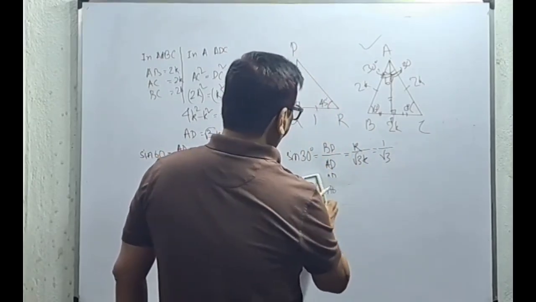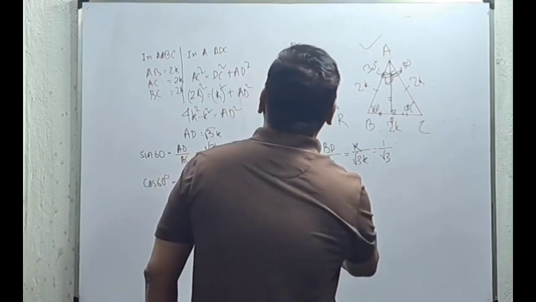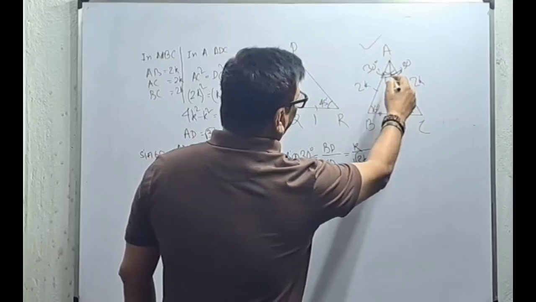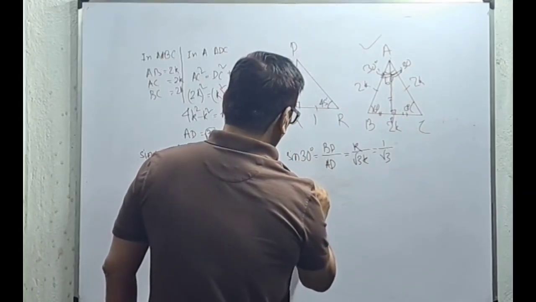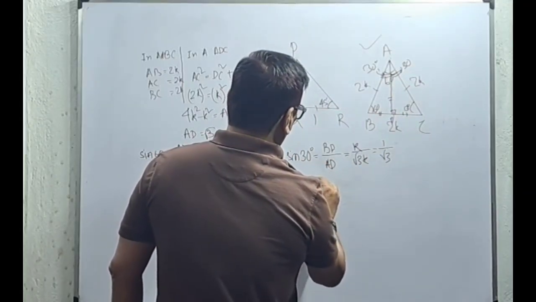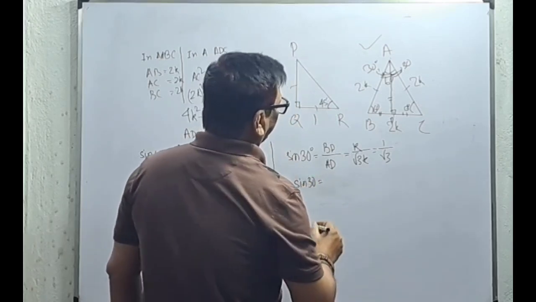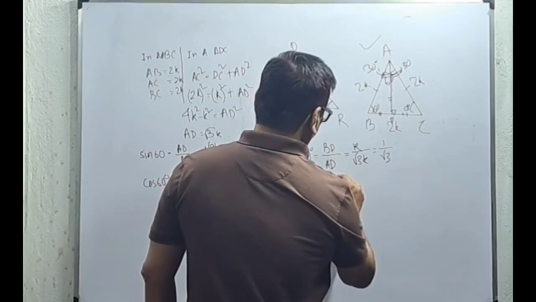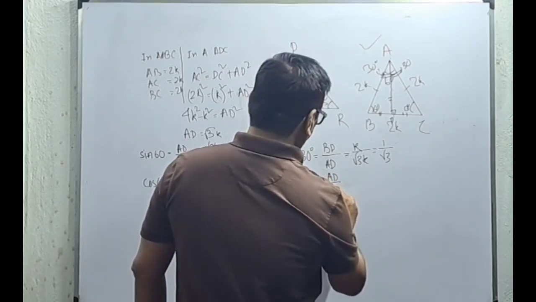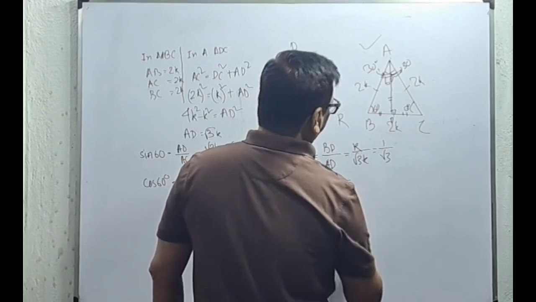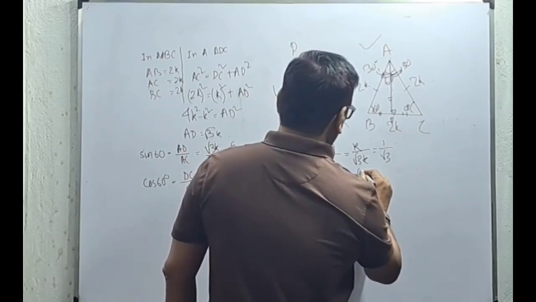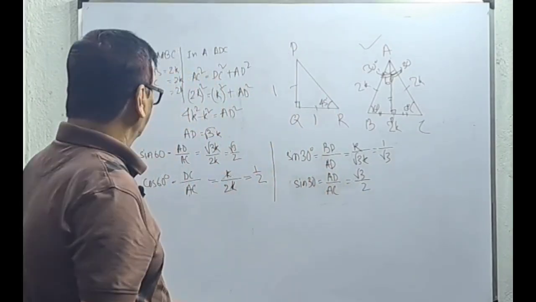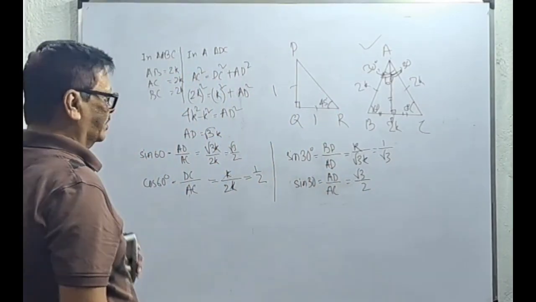We can keep the same angle, same triangle, right? With triangle ADC, right? So we have cos 30 degree is equal to AD by AC, which is root 3 by 2, right? So 30 degree, 60 degree we've got.